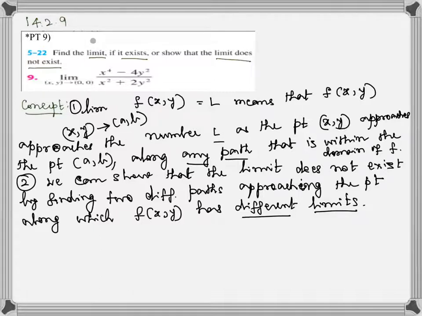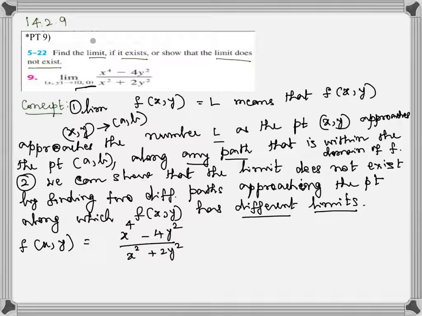So we have to find two paths approaching the point (0, 0) in our problem, because (x, y) approaches the origin. So f(x, y) equals (x^4 − 4y^2) divided by (x^2 + 2y^2), and the easy two paths can be one along the x-axis and one along the y-axis.